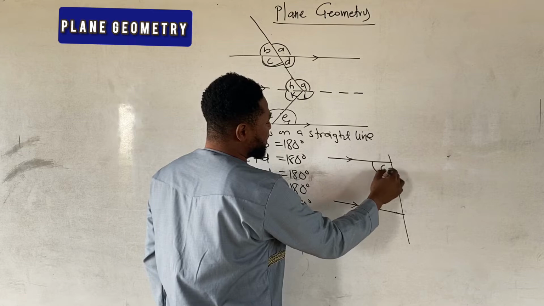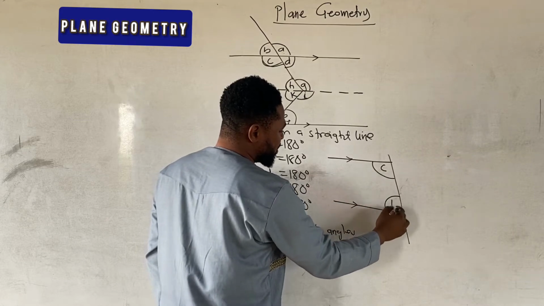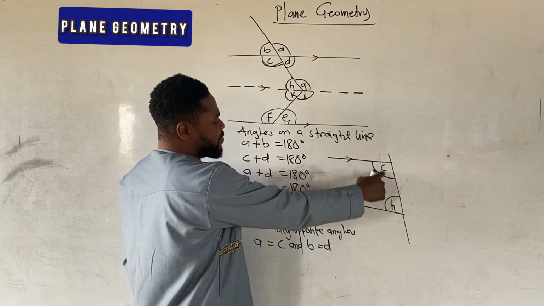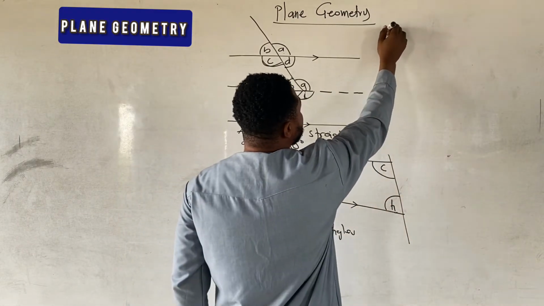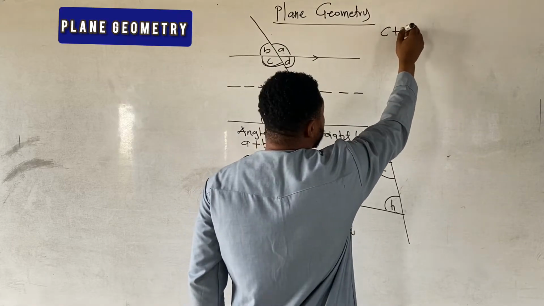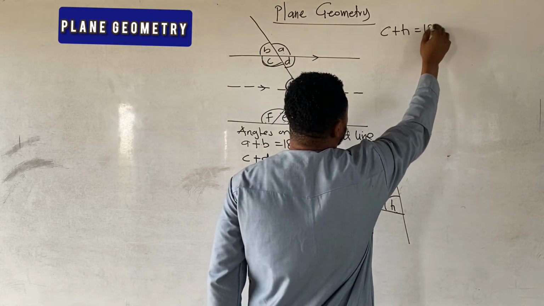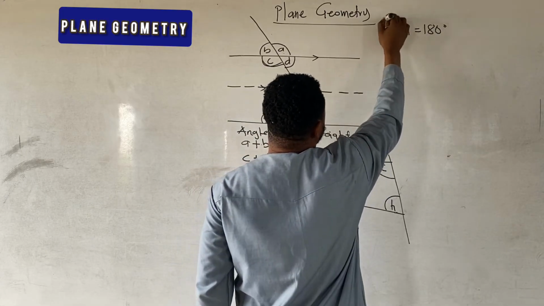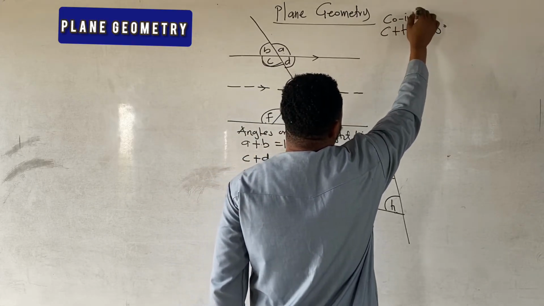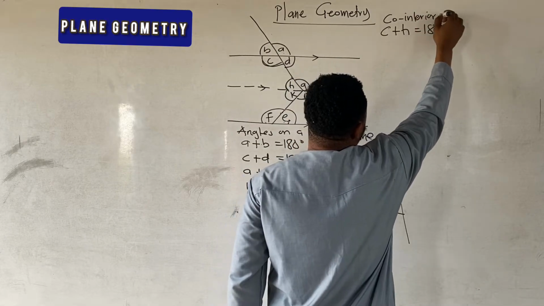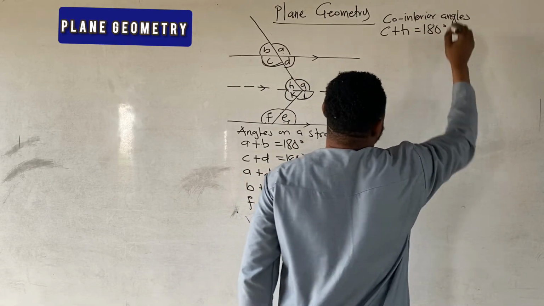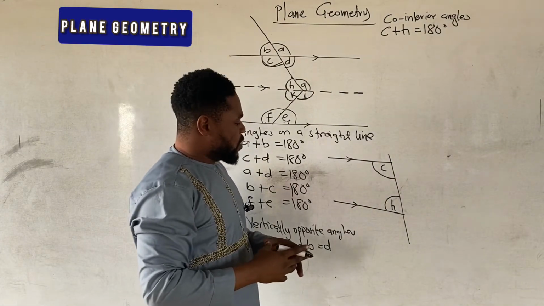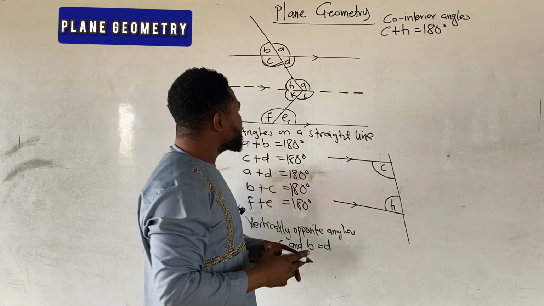And this is C, this is H. Now, we say that angle C plus angle H should be equal to 180 degrees. And that is what we call co-interior angles. When you sum two co-interior angles, it must give you 180 degrees.